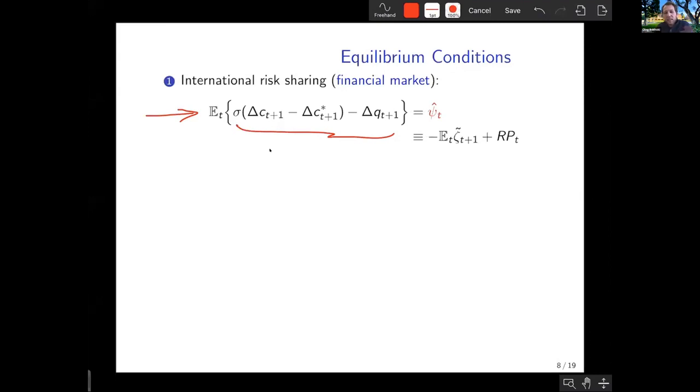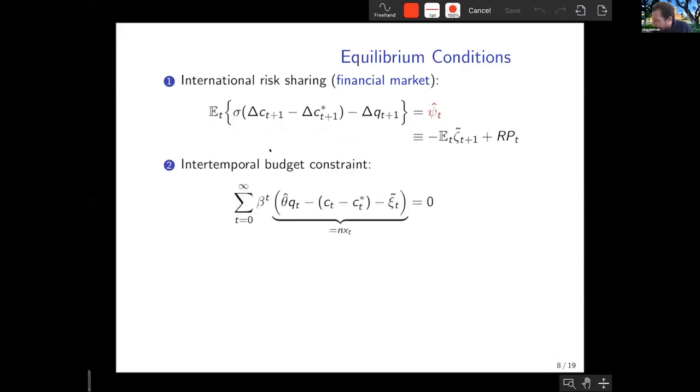So the question is, does this argument generalize? And the point is, yes, that argument generalizes beyond the simple complete market models, but you need two conditions. You need this risk sharing condition under incomplete markets, so this holds only in expectation, plus there are potential risk premium shocks, plus there are potential financial frictions to risk sharing.